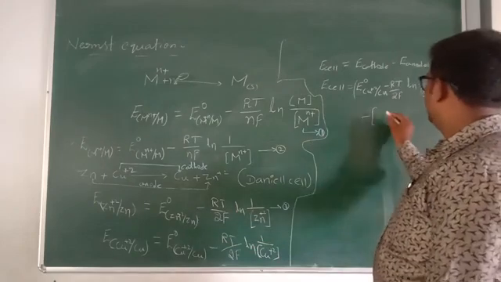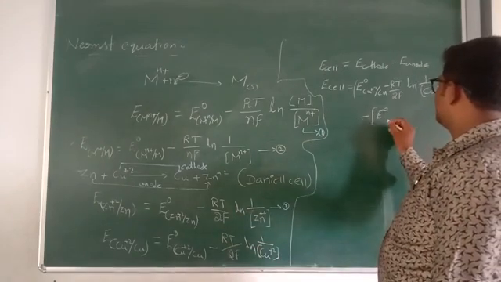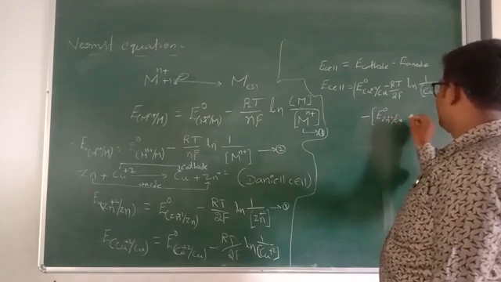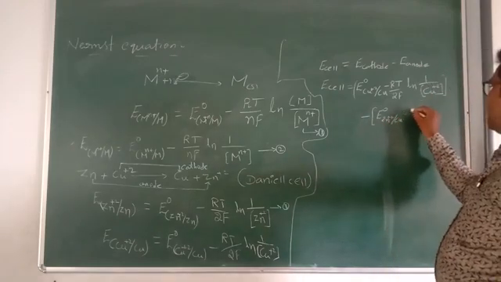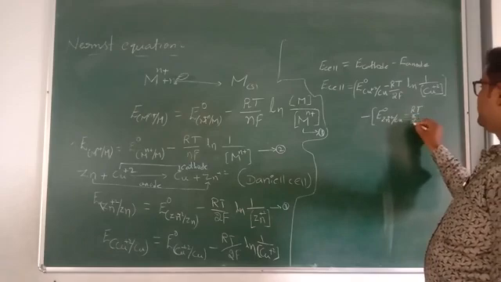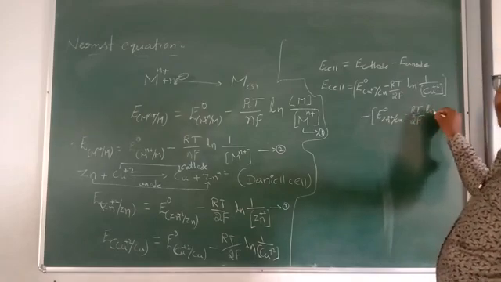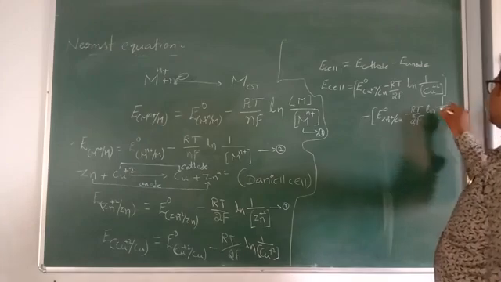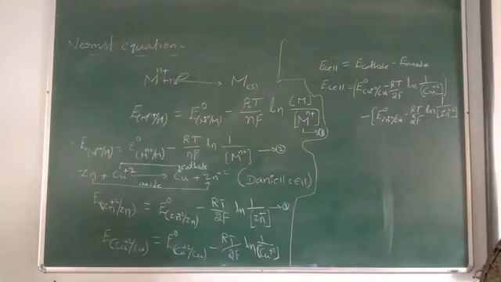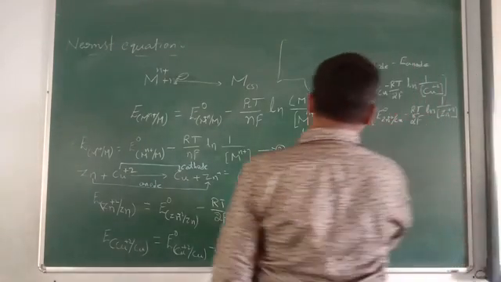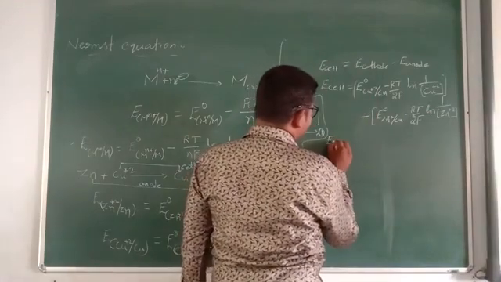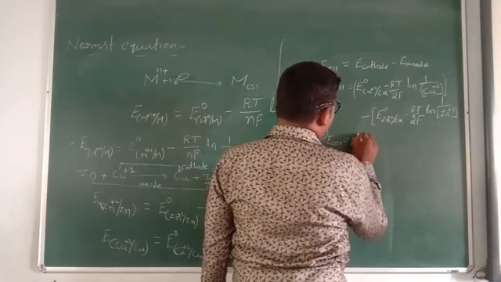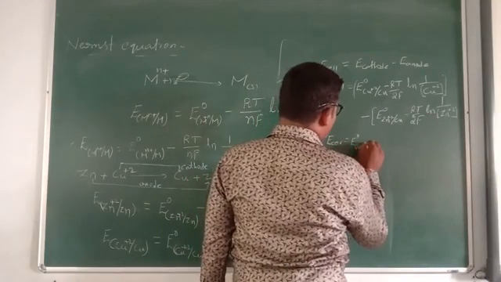This one, E naught Zn+2/Zn, minus RT by 2F ln 1 by the Zn+2 ion concentration.